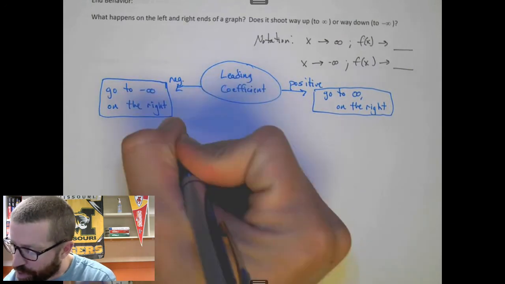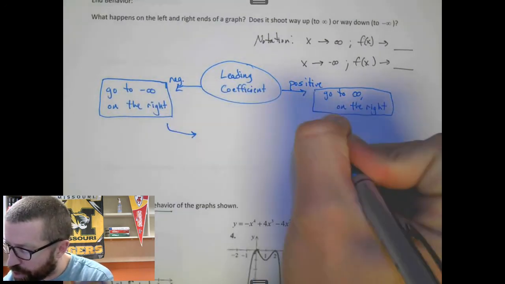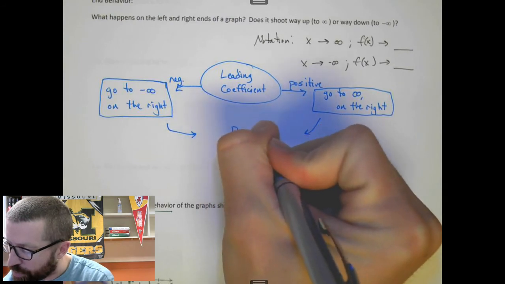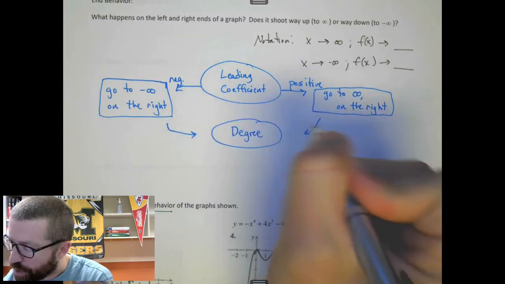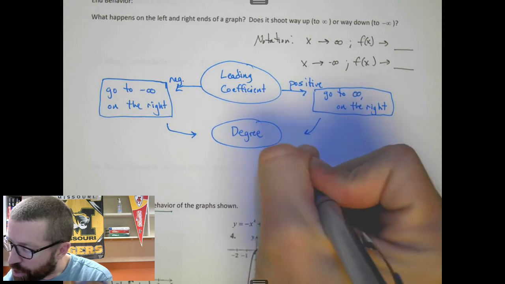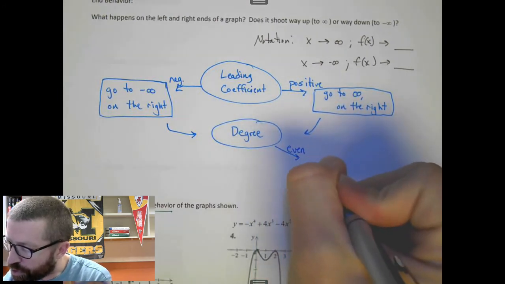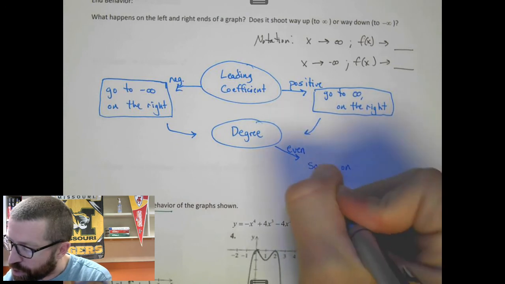Okay, then after that, we go back to the middle here, and we're going to look at the degree. If the degree is even, then it's going to do the same on the left.